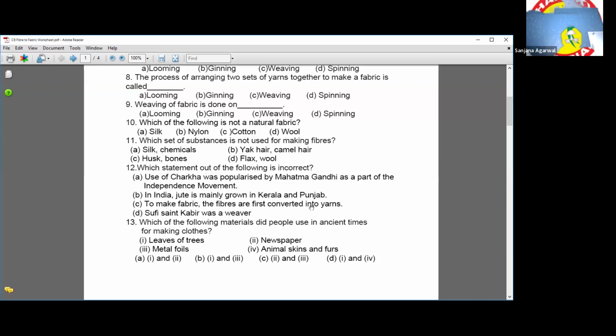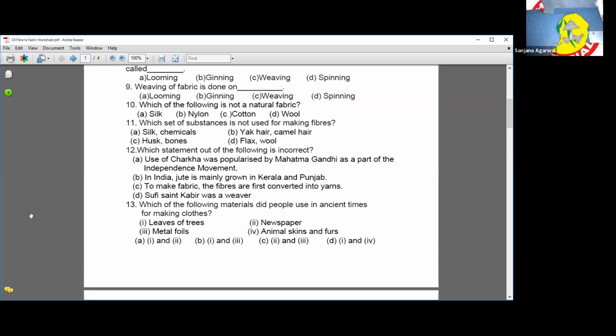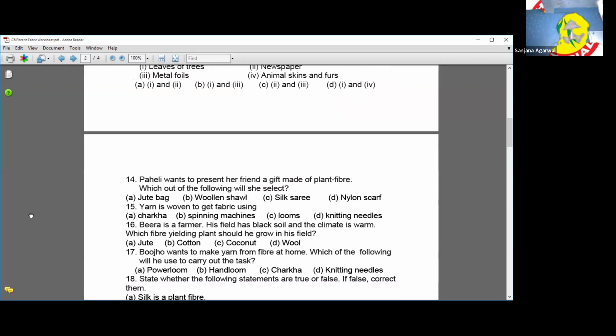Nishika, you tell. Very simple, yeah? Were newspapers there in ancient time? Were metal foils there in ancient time? No. Then leaves of trees and animal skin and fur. D part.